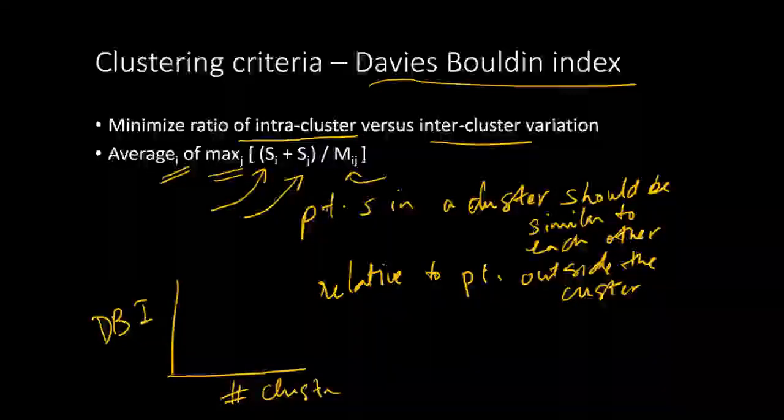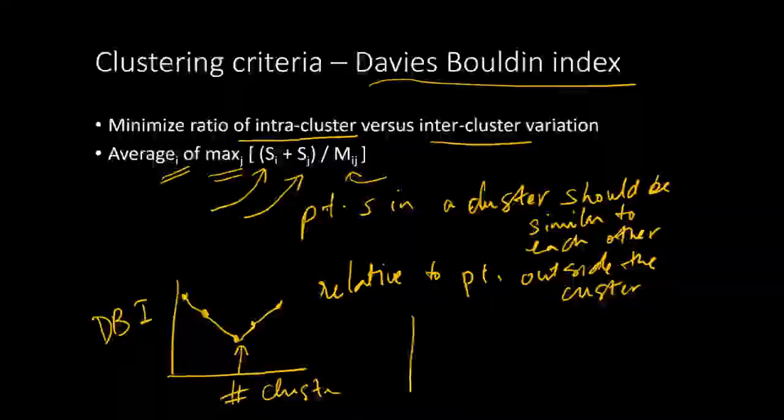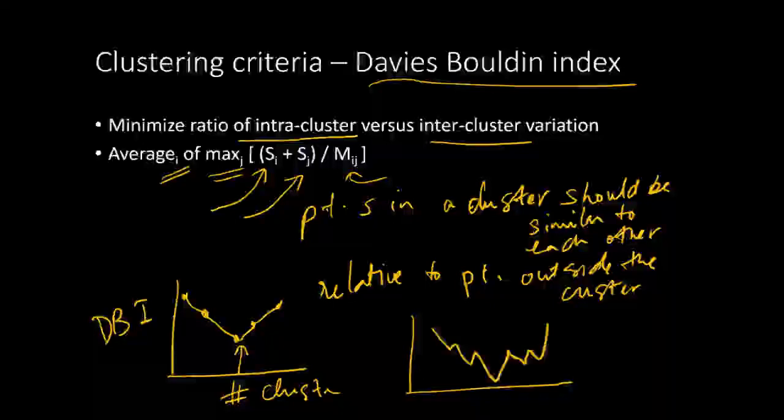Let's say if we start with one cluster, we want this to go down somewhere and then go up somewhere. So this will be the ideal number of clusters. But in realistic data, this will be somewhat noisy, and it may not always give you a global minimum. So it's not a foolproof method, but we can still use it.